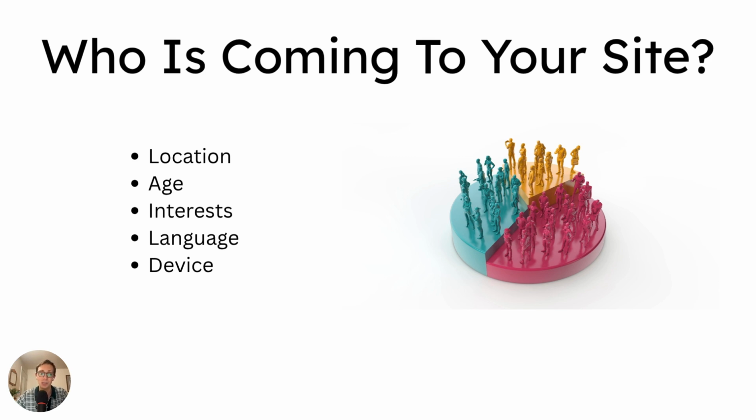We don't get IP addresses, but we can understand what city, country, and state folks are accessing your website from. We can get the broad age range. So if your website is skewed towards more millennials or more boomers, we can see that from our age data. If users are signed into Google, we can also get their interest targeting. We'll just have to make sure that's turned on, and that will be something I'll show you in a coming video. We'll also get the language that users are accessing your website from and what device they are using, whether they're on their mobile phone or on their laptop computer.